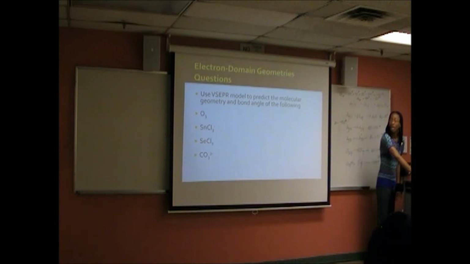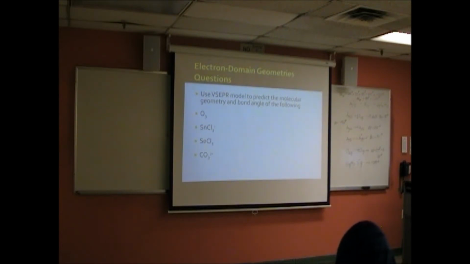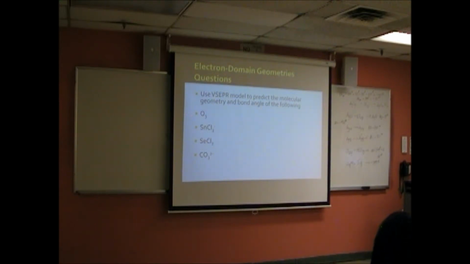So, I want the family, I want the member, and I want my bond angle. If the lone pairs are not on the central atom, it doesn't matter, right? It doesn't matter. All that matters is your central atom.